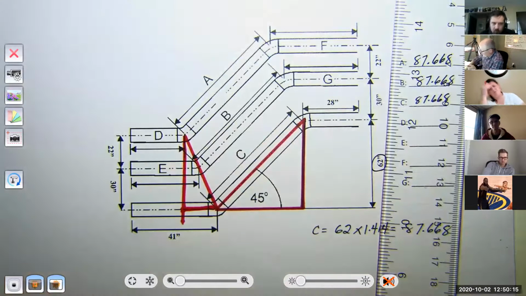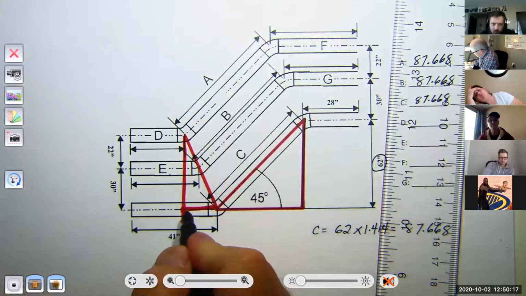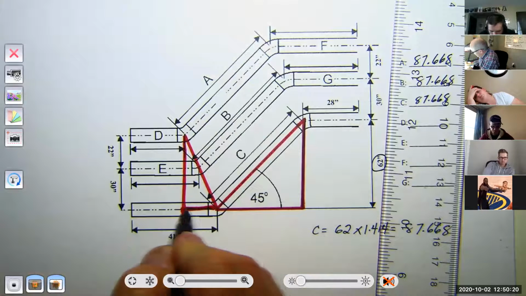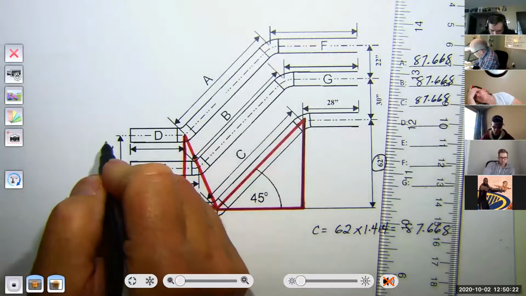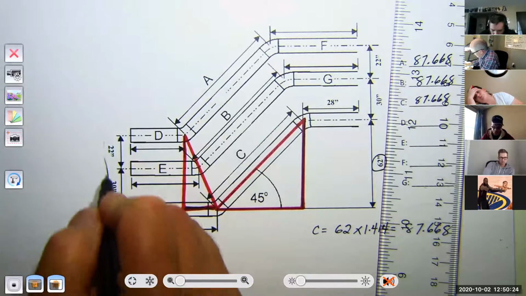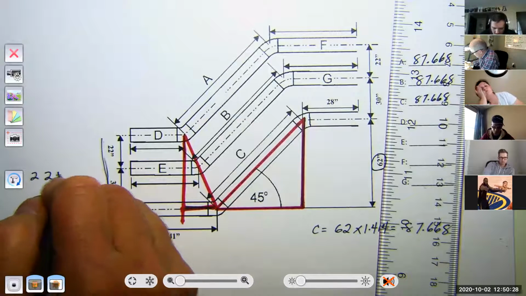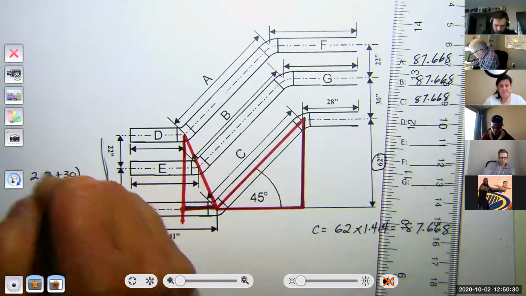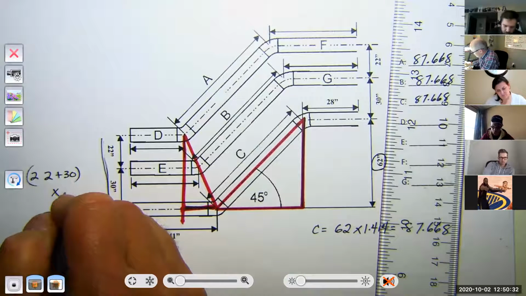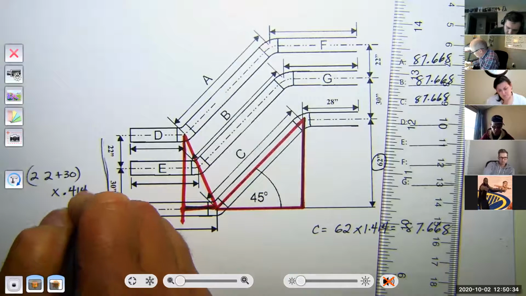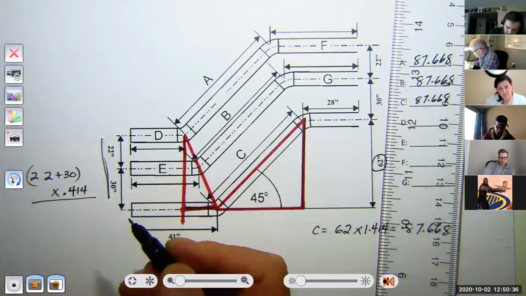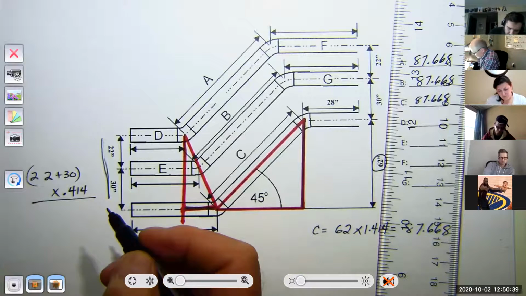So I can get this measurement right here by taking my run of 22 plus 30 and times that by 0.414. That's the tangent of a 22.5 degree angle.